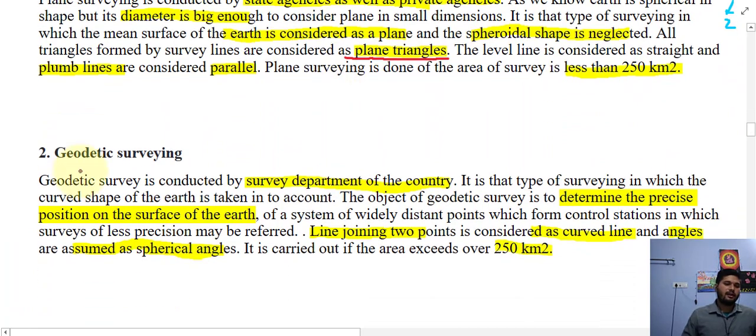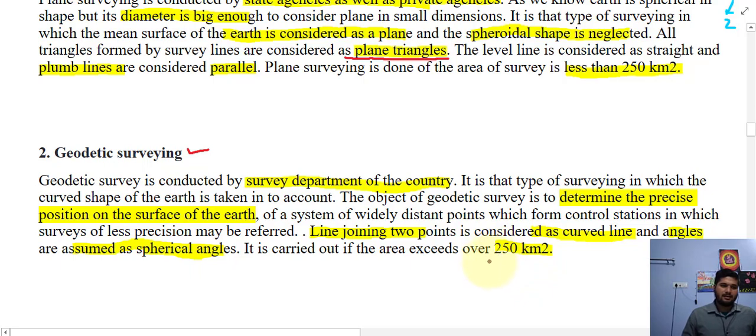Next is our geodetic survey. Geodetic survey is the opposite of plane surveying. In this survey we consider the spherical surface of the earth. This is done by the Surveying Department of countries, and the area in this surveying is more than 250 kilometers square.